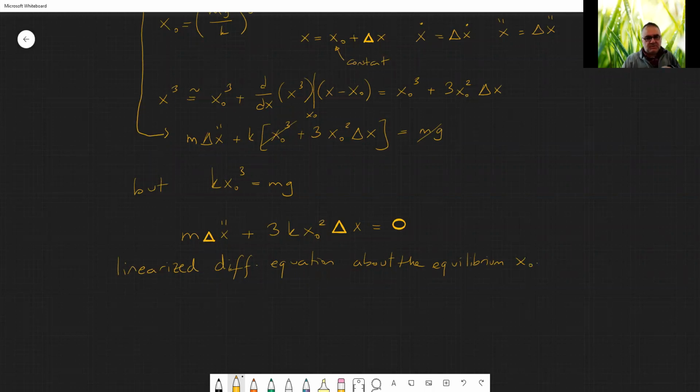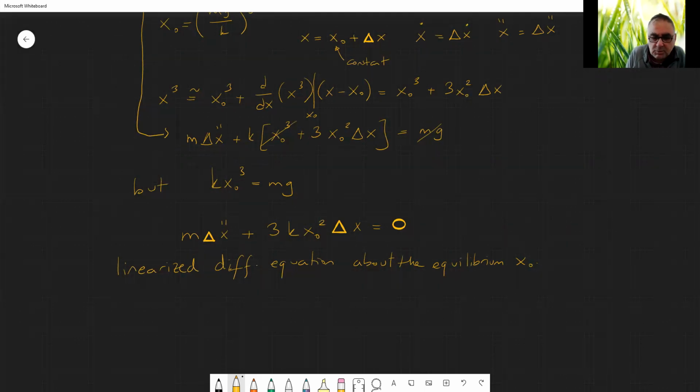X naught. It is true for small changes, but you know, it's kind of okay for many purposes. At least in this course, we are going to use only linear equations.